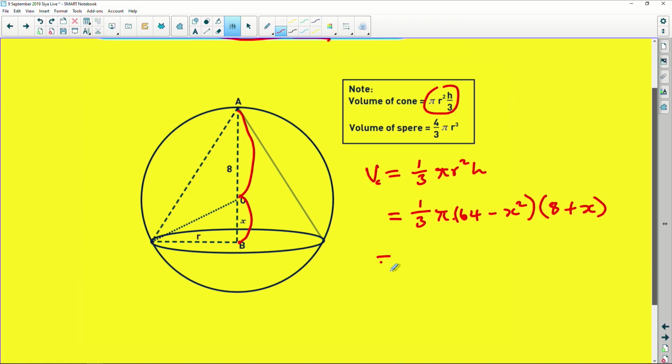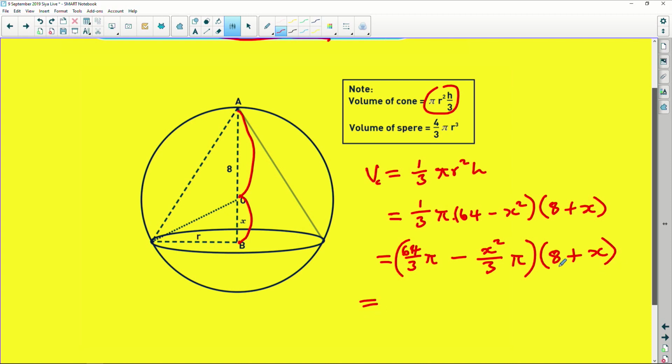And then this will be equal to 1 over 3 pi multiplied by 64 minus x squared, so I'll just write the 64 here. Now if I multiply, it will be x squared over 3 pi. And then I multiply this with the 8 plus x.